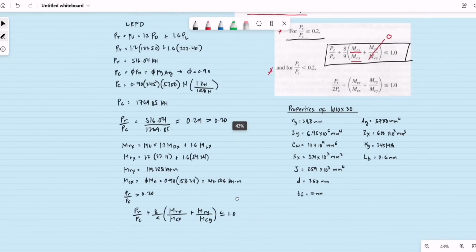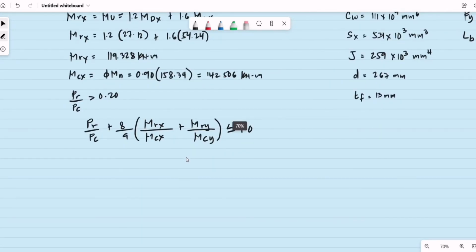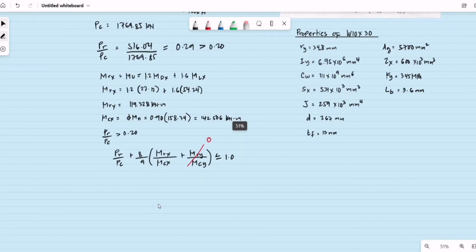We'll be using the first interaction formula. For this problem we don't have moments with respect to the y-axis, so this is 0. So we are now to substitute.